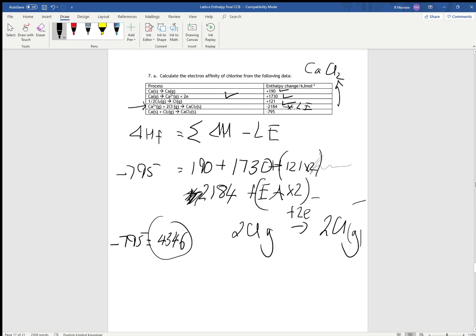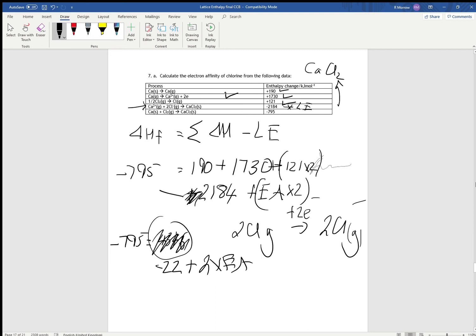Right, so we've got calcium, the lattice enthalpy here giving us the association. Okay, that should be minus. Probably a good lesson there for you guys to pick up in my humiliation. Okay, that's more like it. That gives me minus 22 plus 2 times the electron affinity for that.